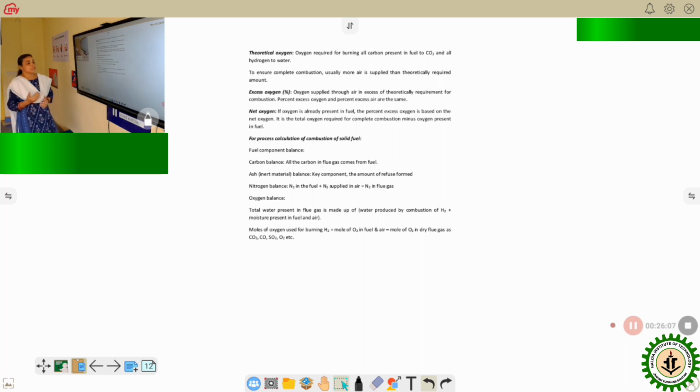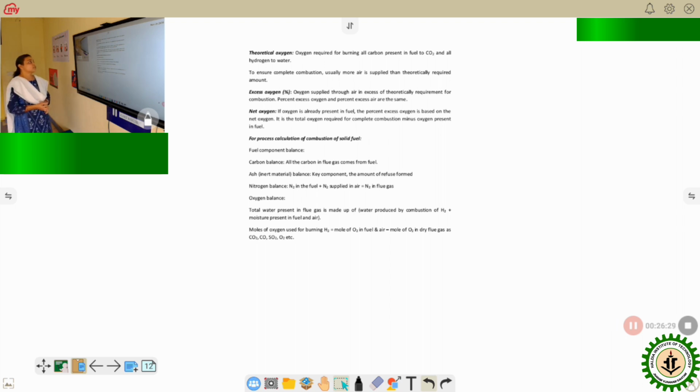The oxygen comes in the combustion reaction from the supplied air. To ensure complete combustion, usually more air or excess air is supplied than the stoichiometrically or theoretically required amount.